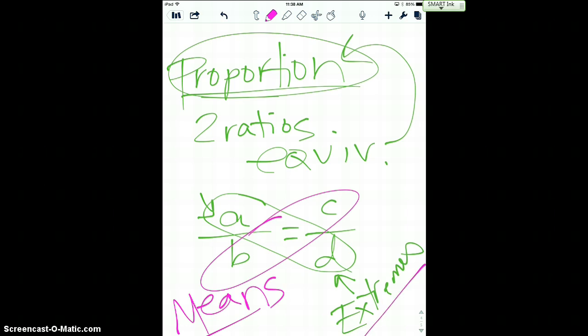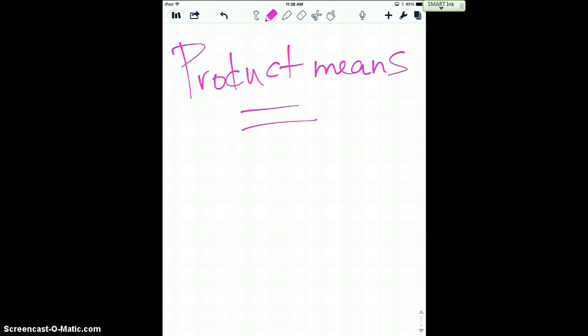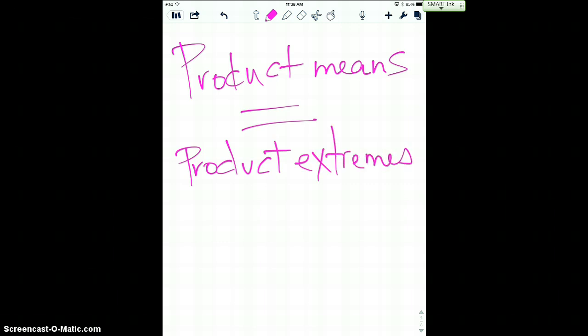And in a proportion, the product of the means is equal to the product of the extremes. That sounds so cool. In a proportion, the product of the means is equivalent to the product of the extremes.